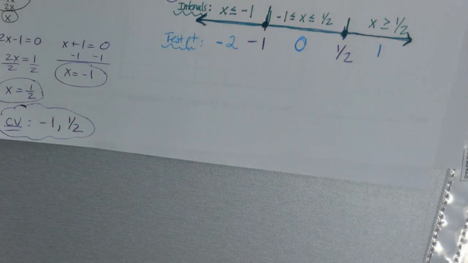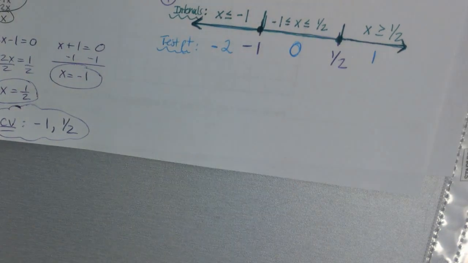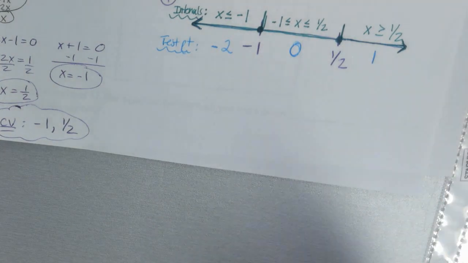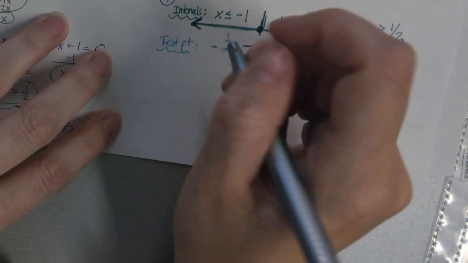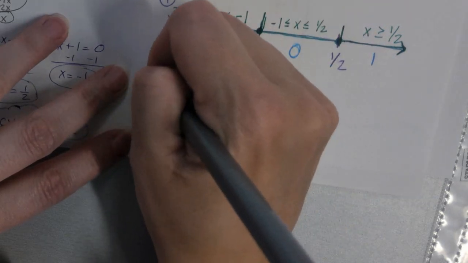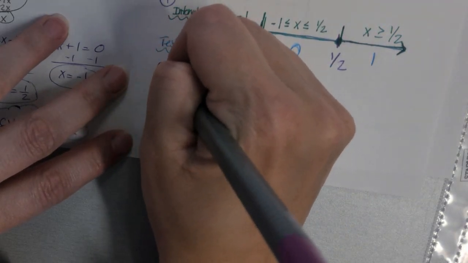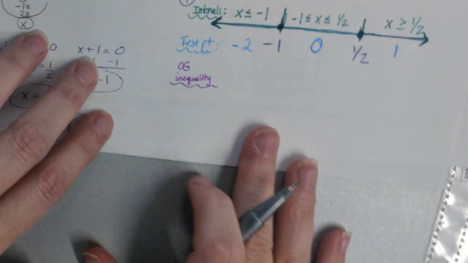Okay, and then when you're doing the test point, this is your value of x. Where do you plug it in? What are you plugging it into? In the equation that is equal to 0, or like equal to, but yeah, the inequality.